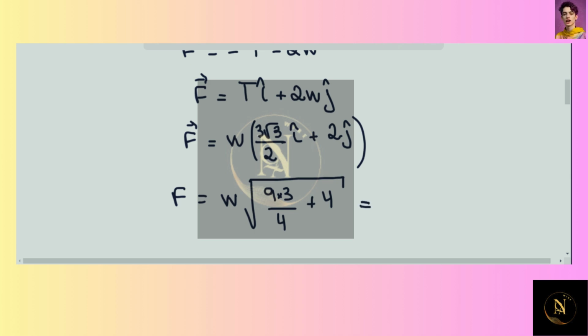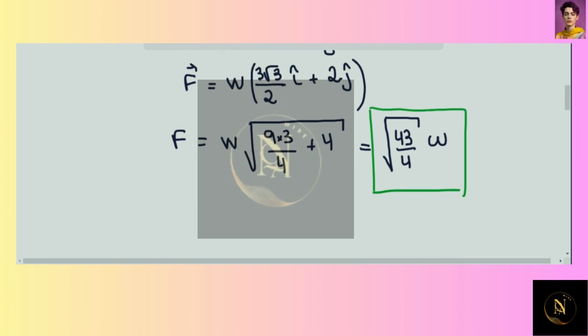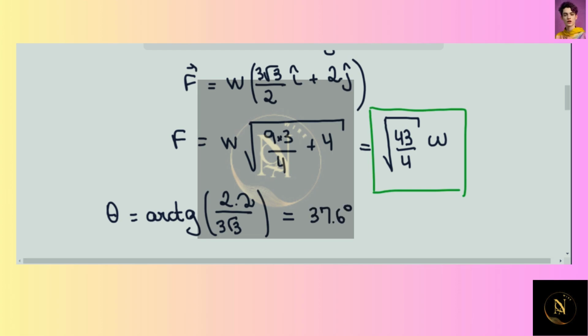So this is equal to the square root of 43 over 4 times W. This is the magnitude of the force. And the angle theta will be the arctangent of the y component divided by the x component, and this is equal to 37.6 degrees. Okay, and this concludes the first item.